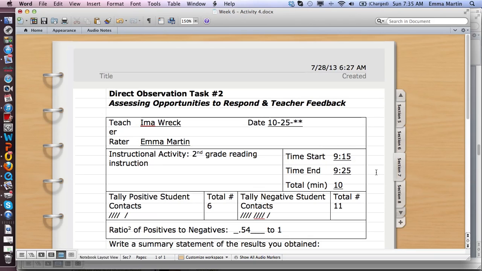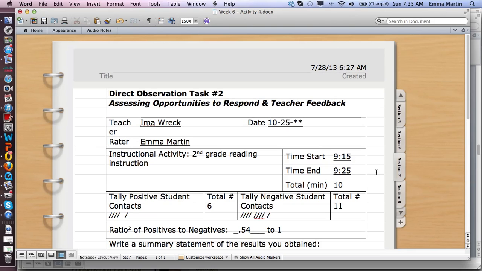So there are 4 positive contacts or interactions with students for every 1 negative student contact. Some of the literature will go up even to 6 to 1. But I think if we look at 4 to 1, 3 to 1, that's a good place to begin.